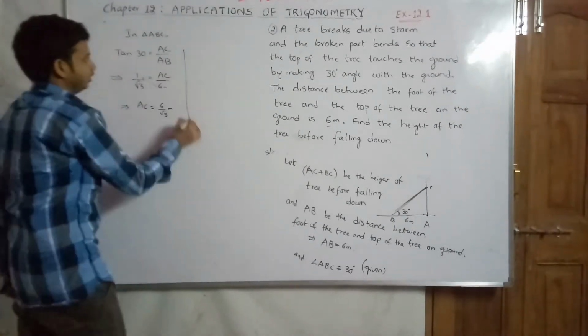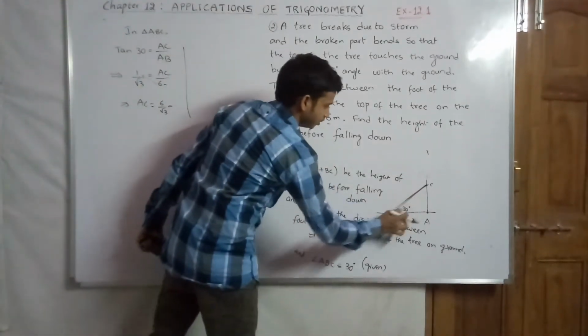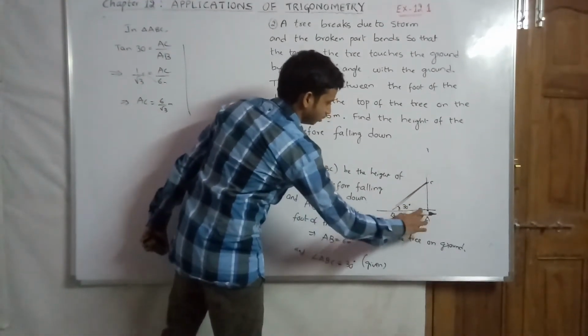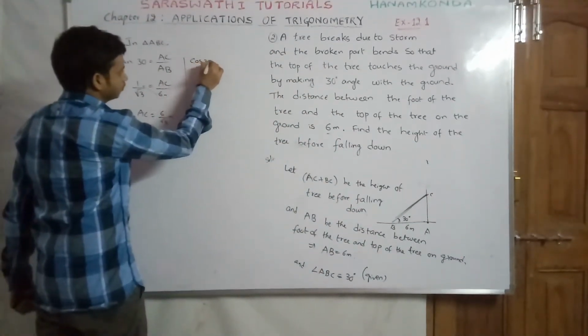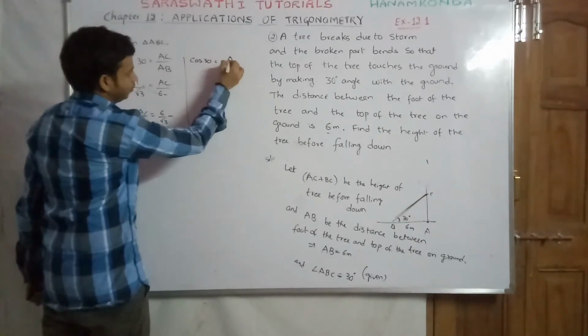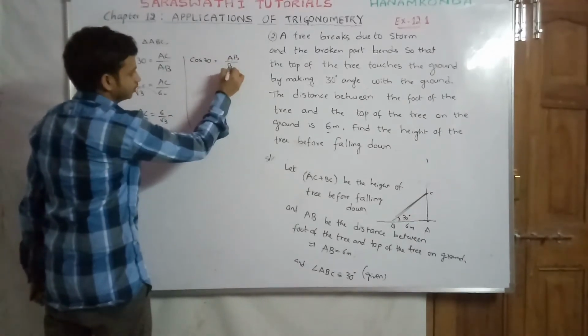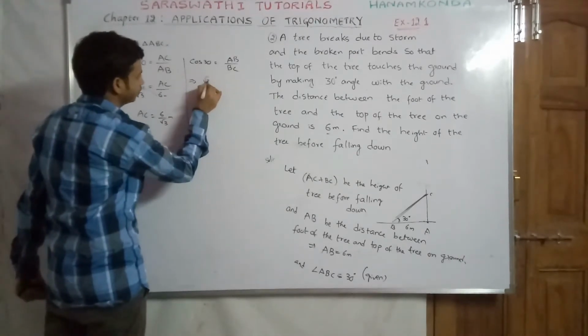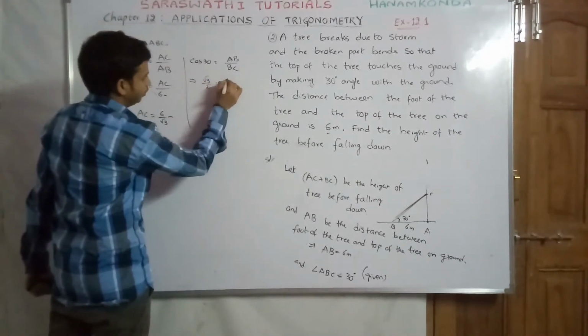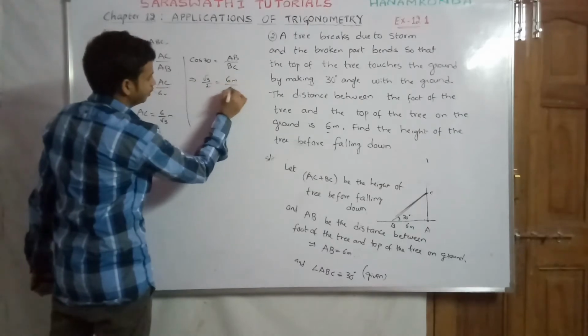Similarly, in triangle ABC, if we apply cos 30, it is AB by BC, adjacent side by hypotenuse. That implies the cos 30 value we know, root 3 by 2, equals AB value 6 meters by BC.